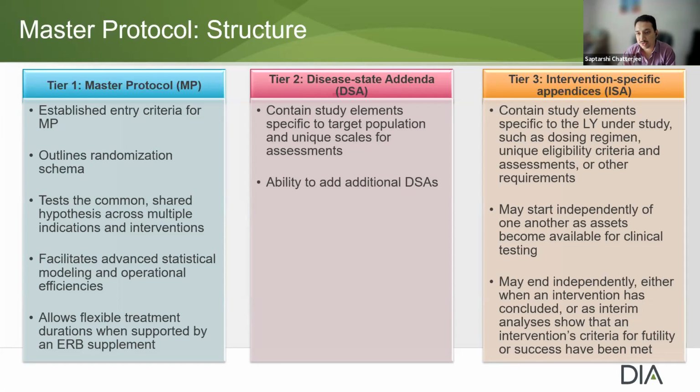So anything like the dosing regimen, the sample size, or the interim analysis considerations. Anything related to the specific asset was documented in the ISA. Any unique eligibility criteria or assessment, or any unique inclusion or exclusion criteria for that particular asset, would also be captured in the ISA.